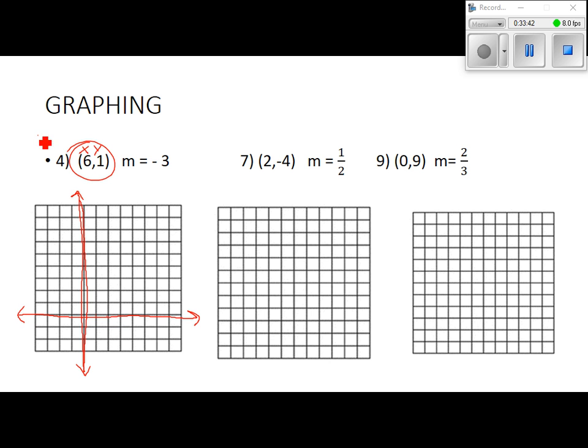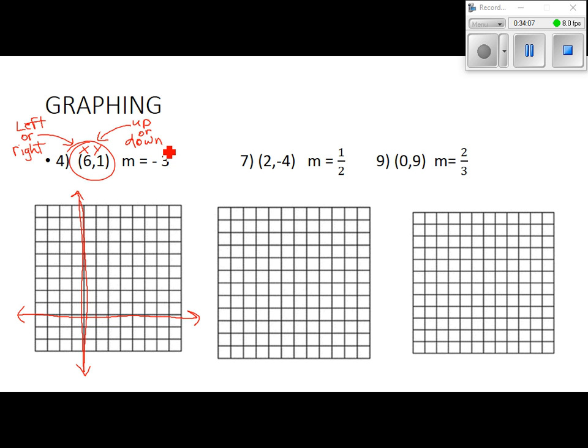Remember, x tells you left or right. Y tells you up or down. Don't get it confused, because with slope, you go up or down first, and then left or right.